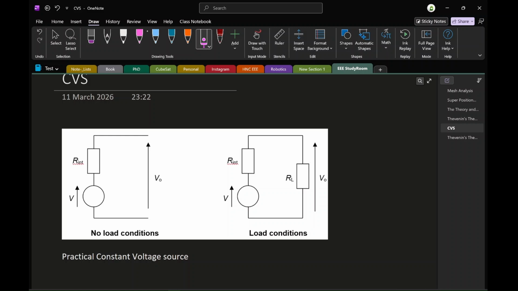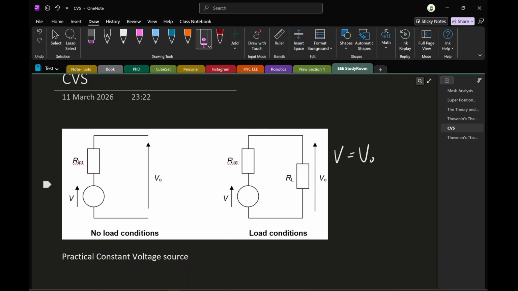Now, if you've got no current flowing, then your voltage is going to be equal to V0. You will see this later on when we look at ideal. But when we have a current flow in a circuit, we've now connected up a load, RL, because that's the reason why we do this, we connect things up to make them work.